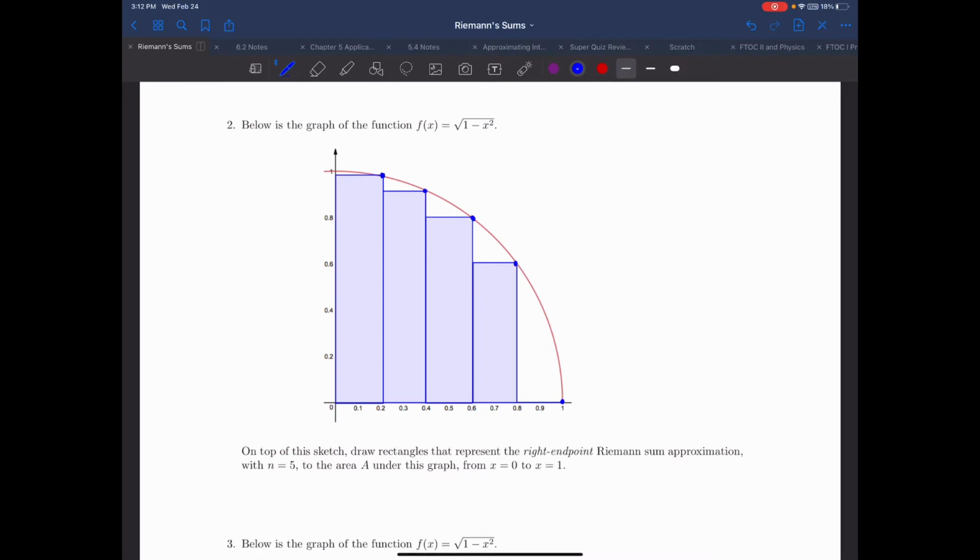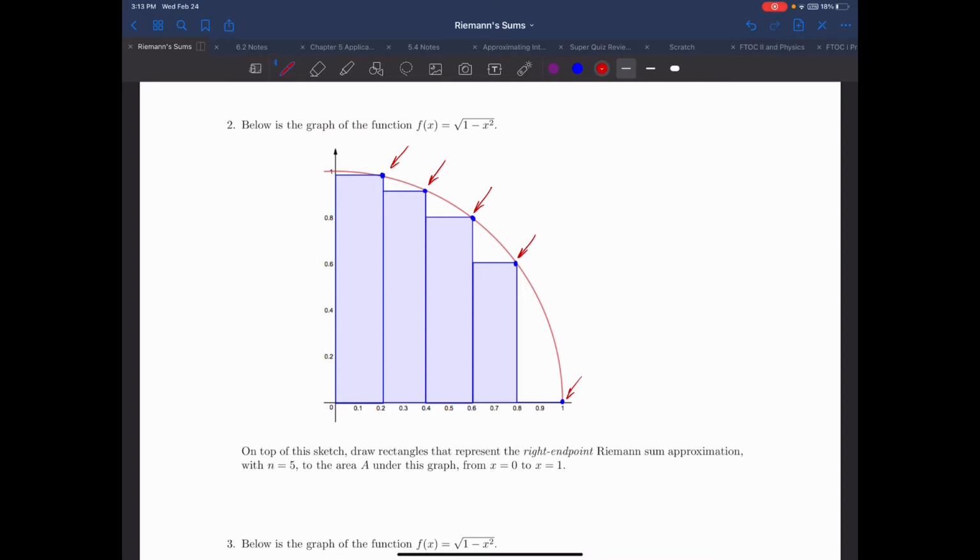Okay, for the second example, I already drew these rectangles, and I do have 5 rectangles there. Just one of them has a height of 0. So you'll notice with these, each of these rectangles has a right endpoint, and that's where we're going to take our heights from. And although the last rectangle doesn't have a height, so it will have an area of 0, we still have to include it in the sum.